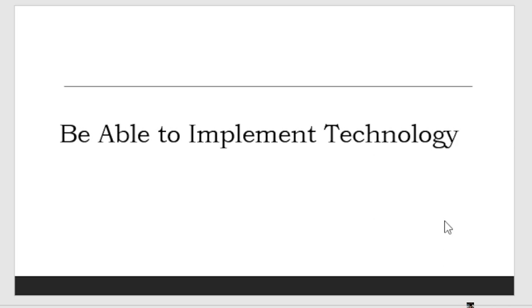As 21st century educators, we must also be able to implement technology. The ability to not only learn about new educational gadgets that will help students learn better and faster, but to also know how to use and implement the gadget within the classroom is an essential skill of a 21st century educator.